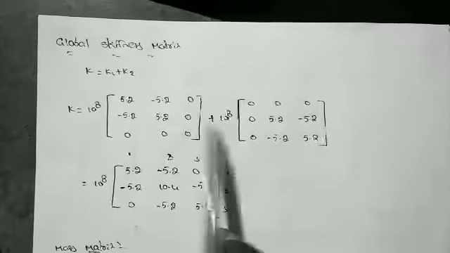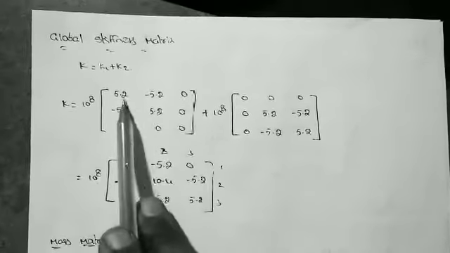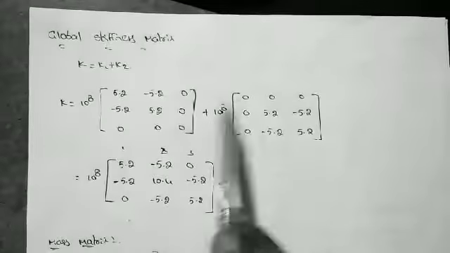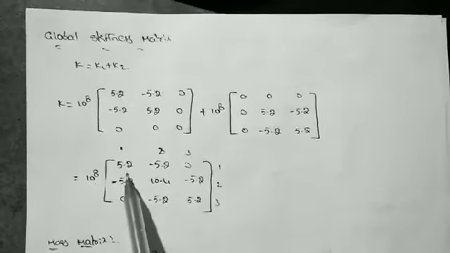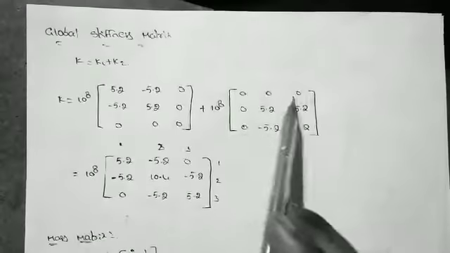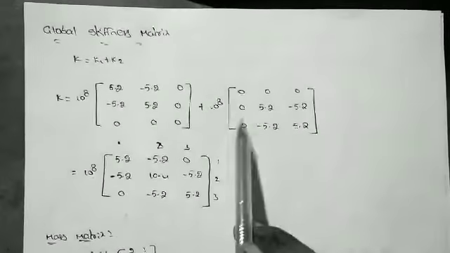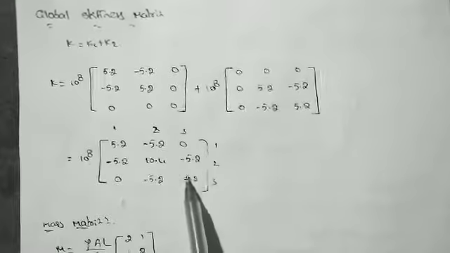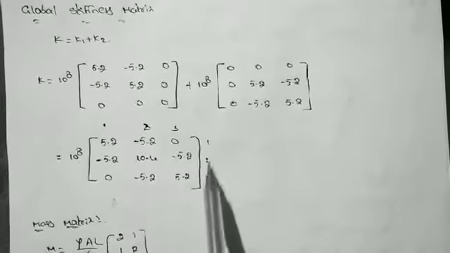Both have 10 power 8 as common. So first you add 5.2 plus 0 means 5.2, minus 5.2 plus 0 means minus 5.2, 0 plus 0 means 0, minus 5.2 plus 0 means minus 5.2. Add these two matrices and you will get this matrix. Here 1 2 3 and 1 2 3 are the nodal numbers.